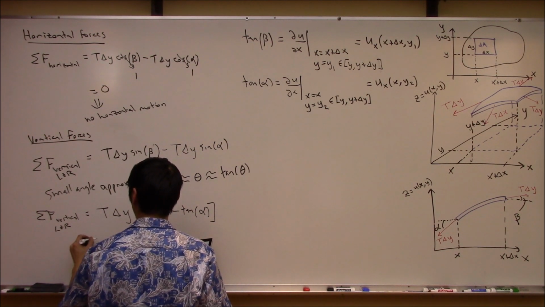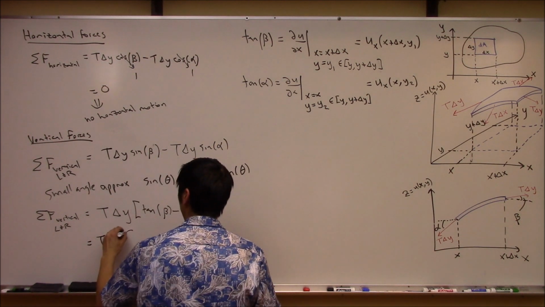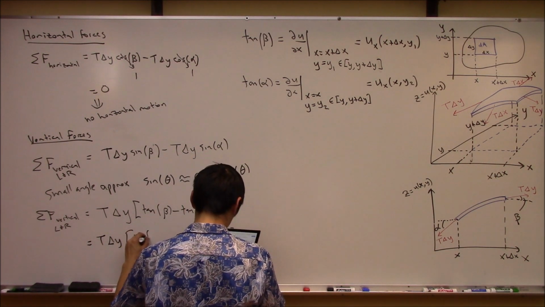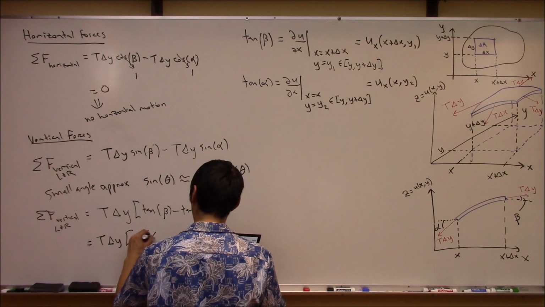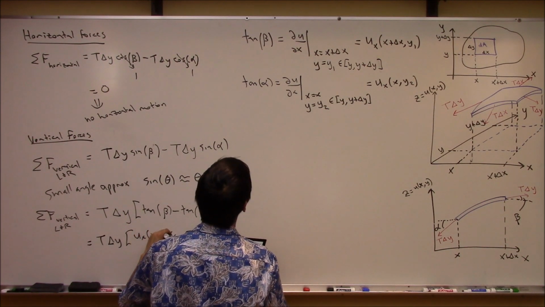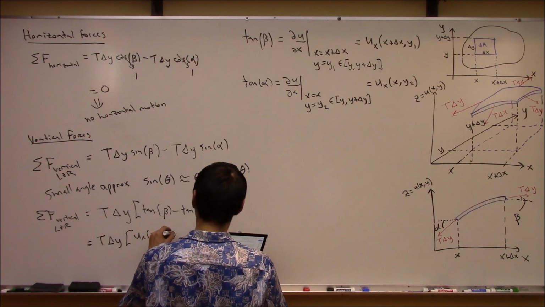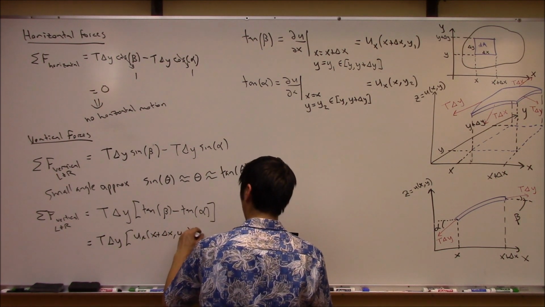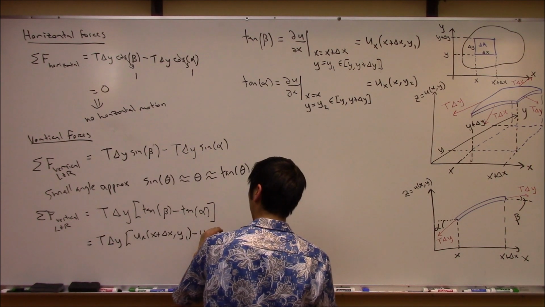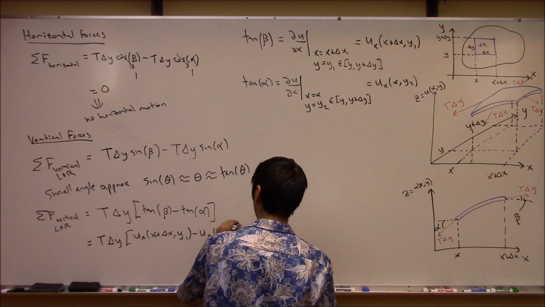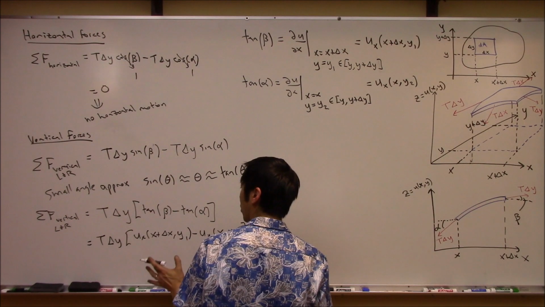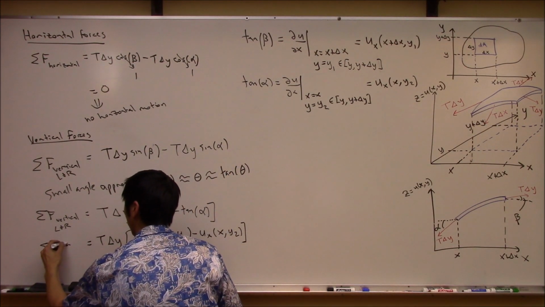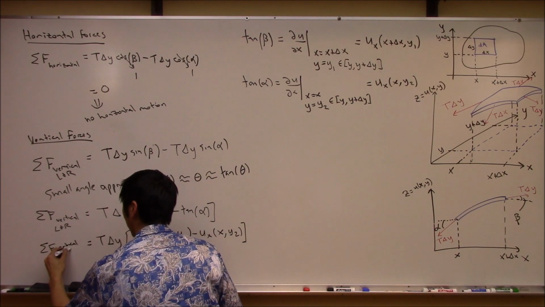So we get tension times delta y times ux at x plus delta x and y1, minus ux at x and y2. This was the sum of the forces in the vertical on the left and right side.